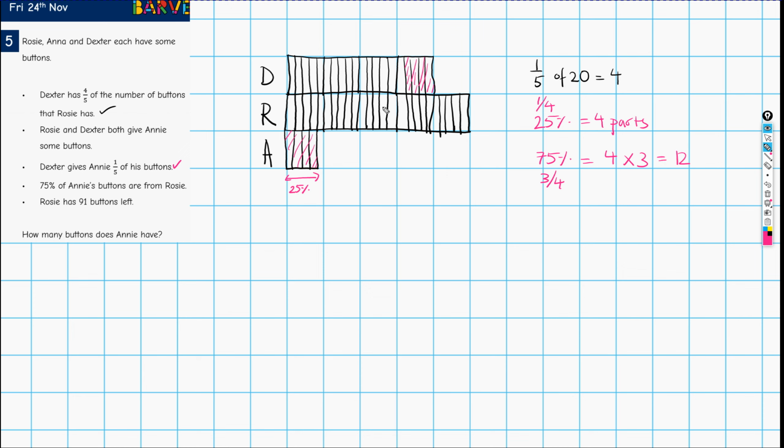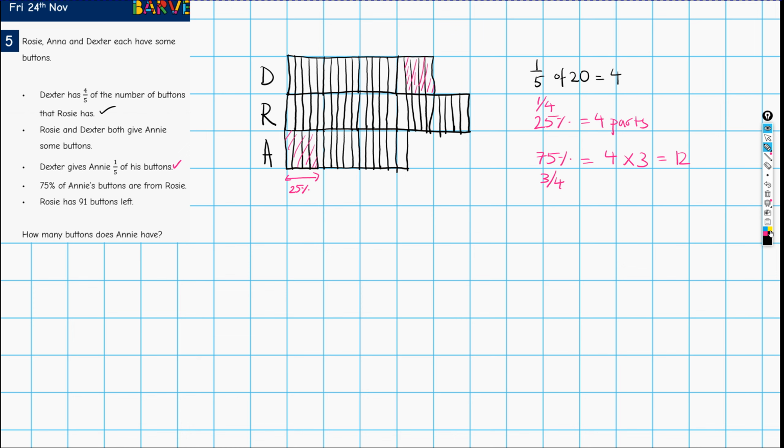So Rosie gives Annie 12 parts. So that's 1, 2, 3, 4, 5, 6, 7, 8, 9, 10, 11, and 12.